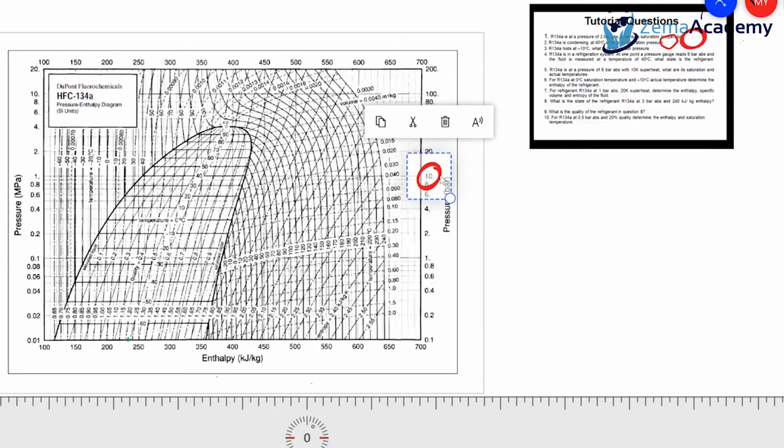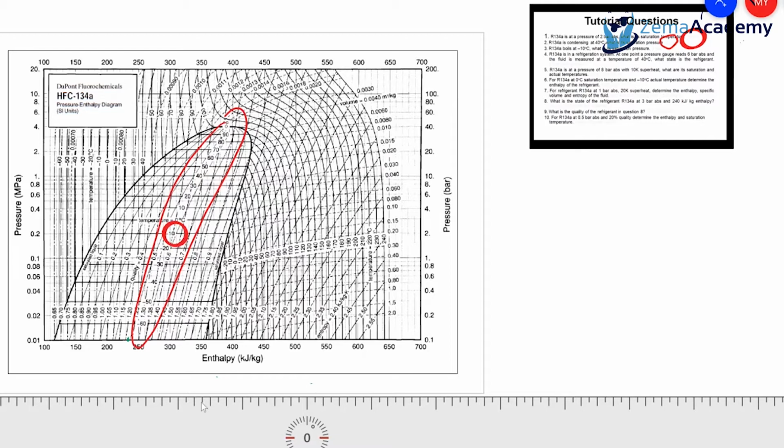Question 3 says that we have R134A, which boils at -10 degrees C. So we are in the evaporator now. What is its saturation pressure? We know our saturation temperature, which is -10 degrees C. Again, all you have to do is find where -10 is from these temperatures. -10 is here.